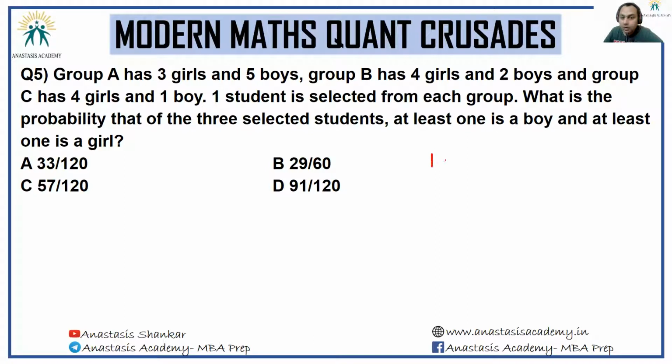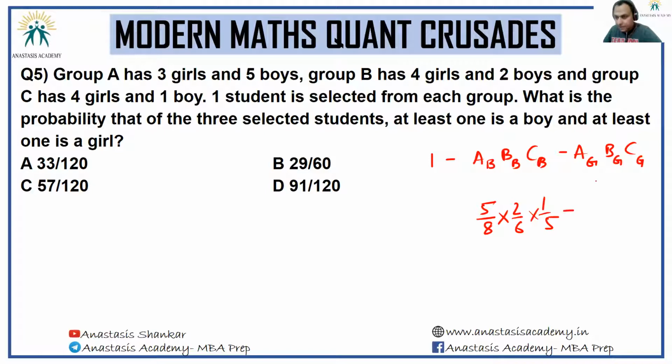From the total, remove all cases. A boy, B boy, C boy, minus A girl, B girl, C girl. If you remove these 2 cases, at least one boy, at least one girl is guaranteed. So A boy is 5 by 8, B boy is 2 by 6, and C boy is 1 by 5. Minus, this will be how much? A girl is 3 by 8 into 4 by 6 into 4 by 5.